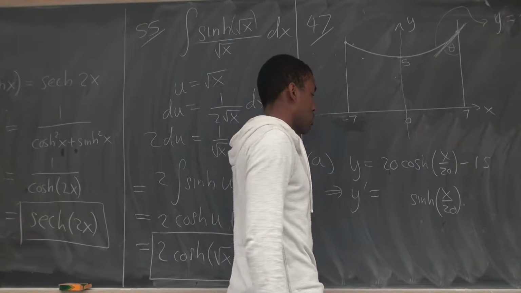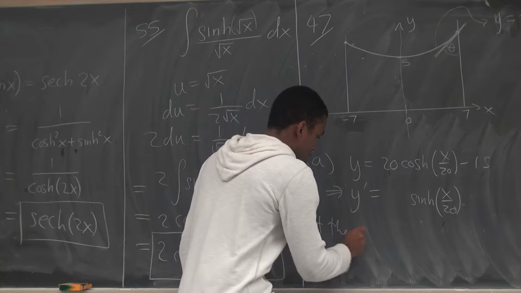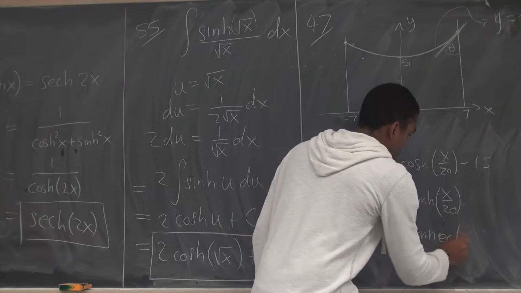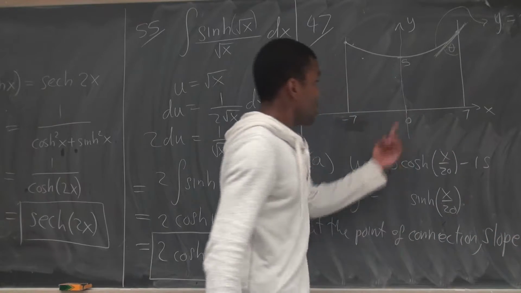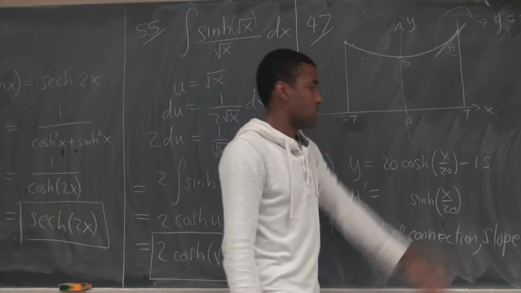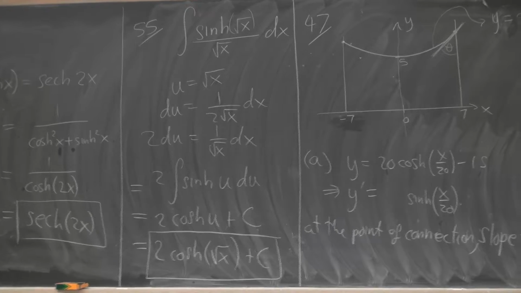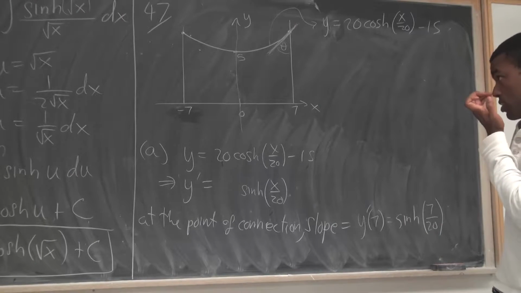Derivative of 15 is 0, so that's your y prime. So this means at the point of connection, slope is just going to plug in 7. Right? So this is just y prime at 7, which is sinh of 7 over 20. So that was part A, that's the slope, sinh of 7 over 20.